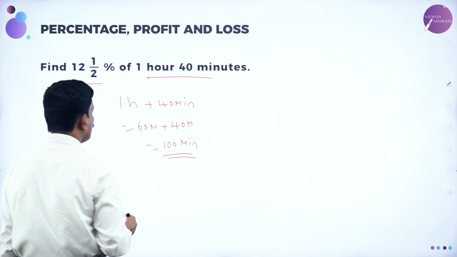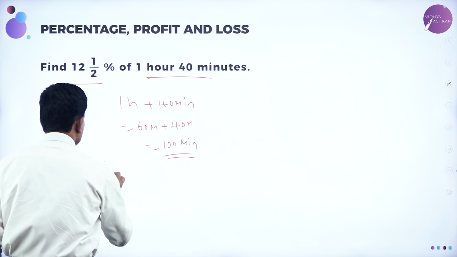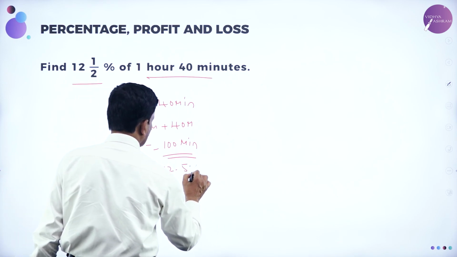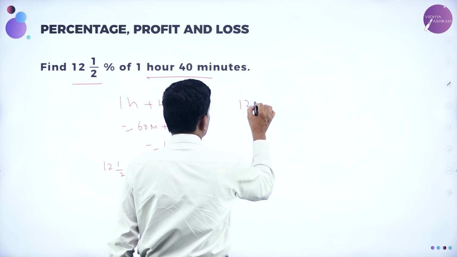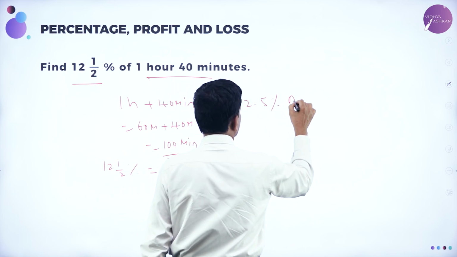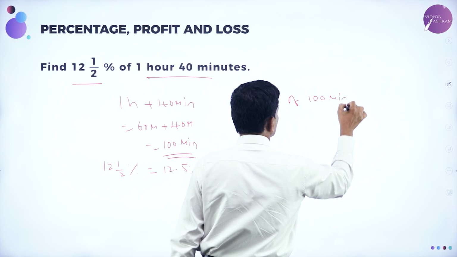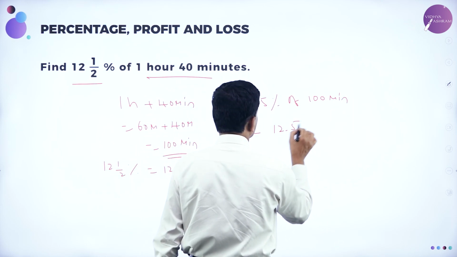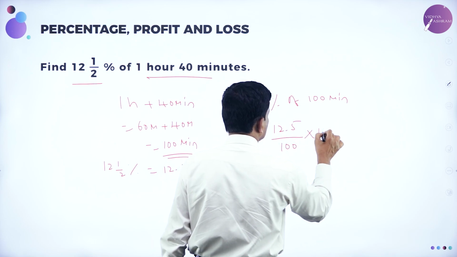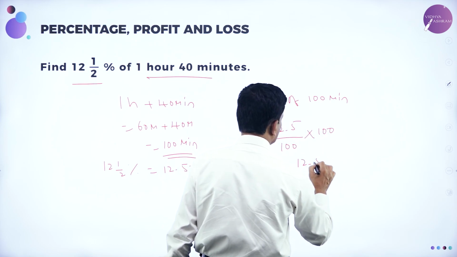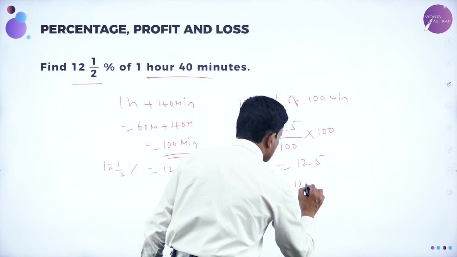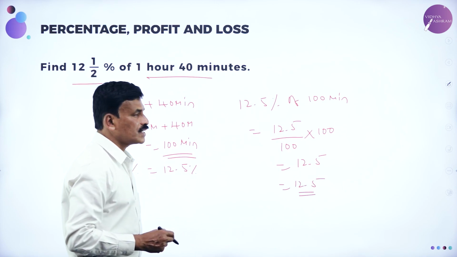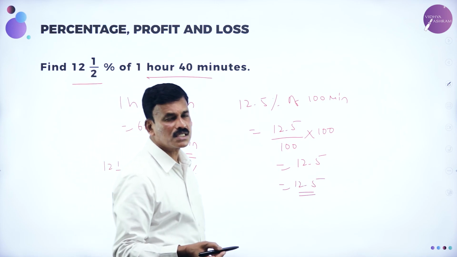Now 12.5% of 100 minutes is 12.5 by 100 into 100, that's equal to 12.5 itself. So 12.5% of 1 hour 40 minutes is 12.5. That is the required answer.